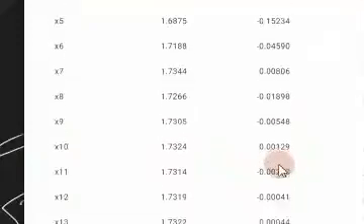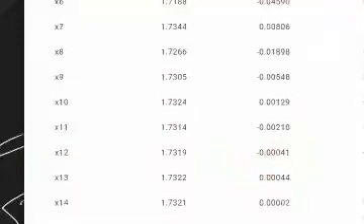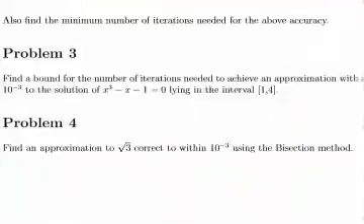This goes on. So what is the accuracy we want? 10 to the minus 3. So within this accuracy we want to find an approximation to the square root of 3.